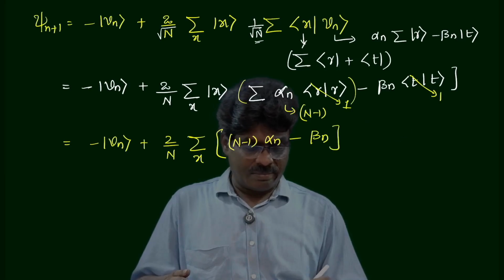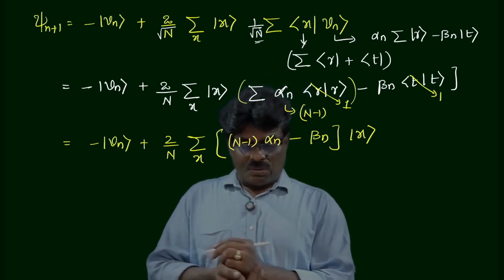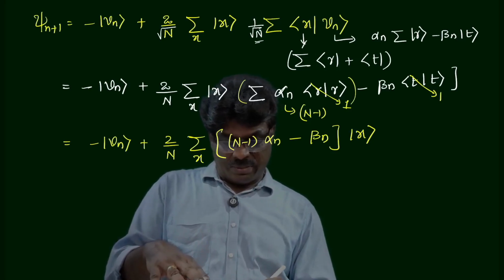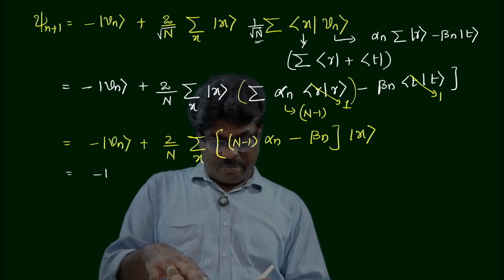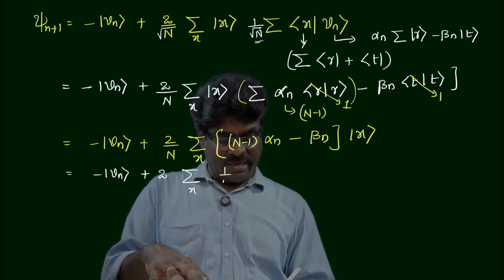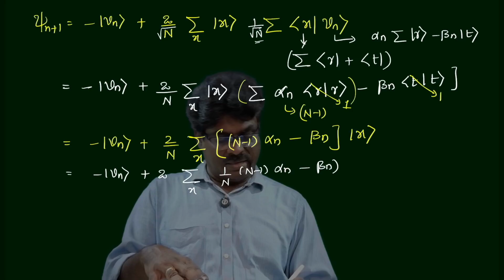That's it. So I'm rewriting this as minus Vn plus 2 outside, only the summation over x, and here I am writing 1 by n, n minus 1 alpha n minus beta n.